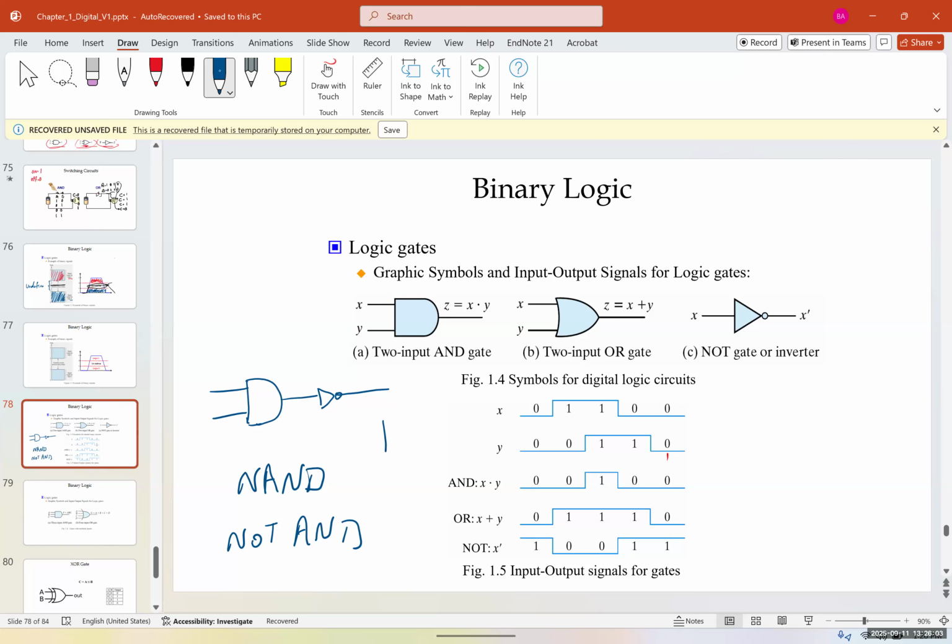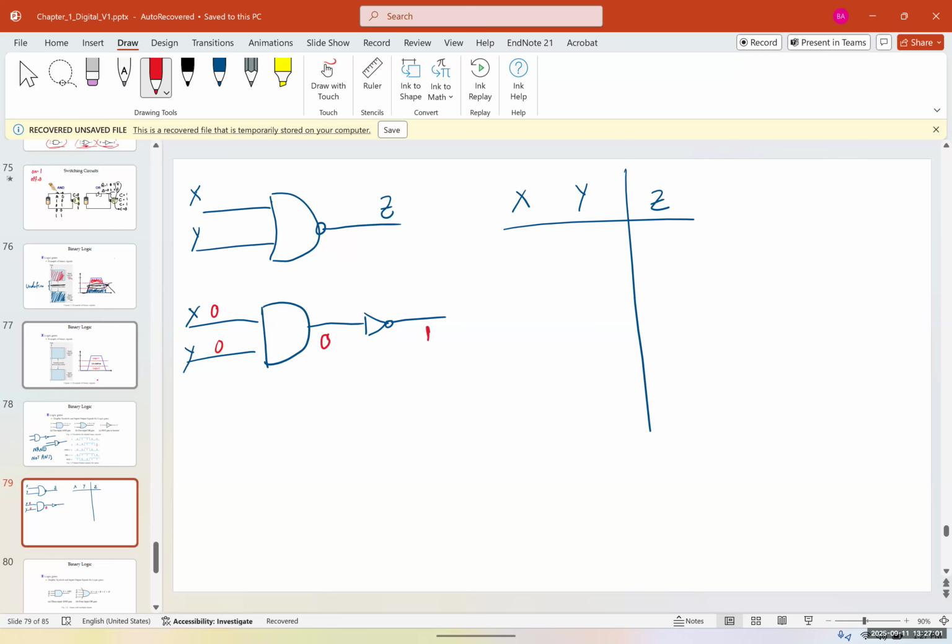So let's solve this together. If X and Y are 0, 0, what would the output be? What would the output of the AND gate be? 0. And what would the output of the NAND gate be? 1. So 0, 0 gives us 1. What if X is 1 and Y is 0?